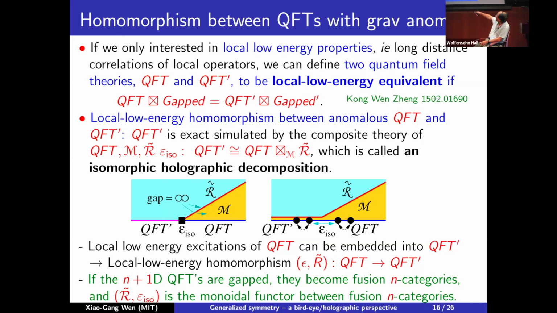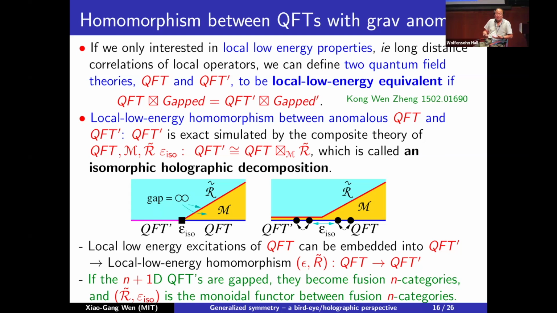Here we are interested in gapless quantum field theory, or something with low energy excitations. We say that two quantum field theories are identical if, when you stack them with some gapped TQFT or some gapped system with a very large gap, the low energy theories are equivalent. Maybe only some global sectors are different, but the local properties are all the same.